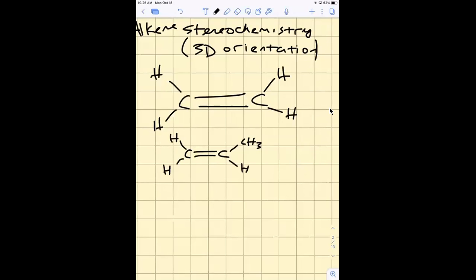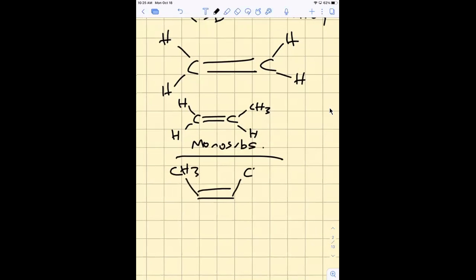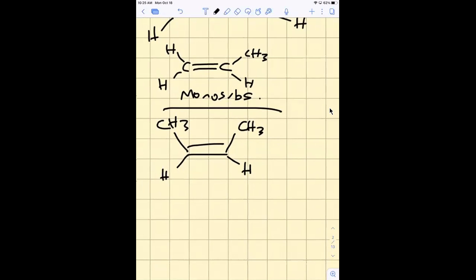But only if you have a disubstituted alkene, something like this, do you get into worrying about the stereochemistry. So this is disubstituted.